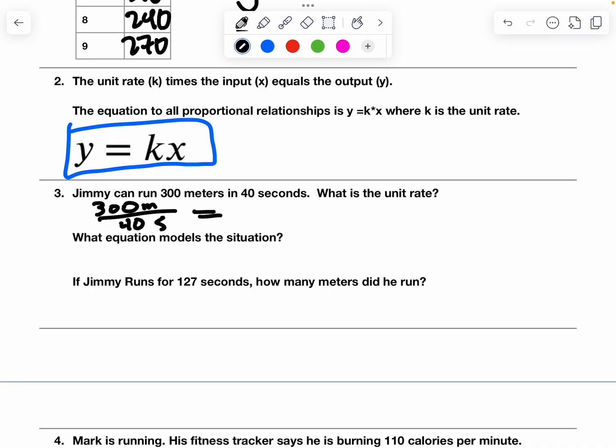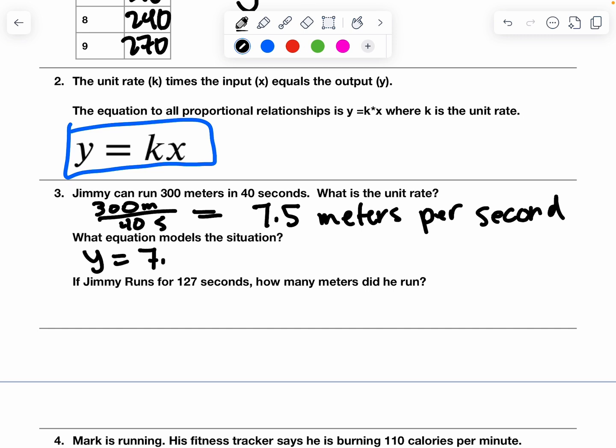So Jimmy can run 7.5 meters per second. So now that is our unit rate. That's my K. So now I can write an equation: Y equals 7.5x.